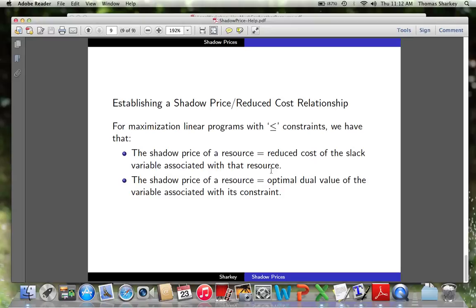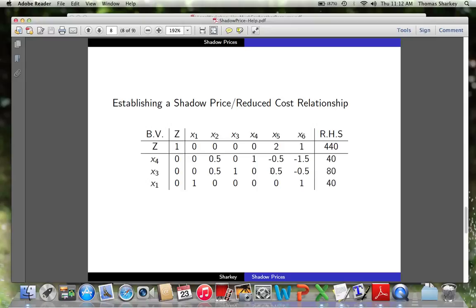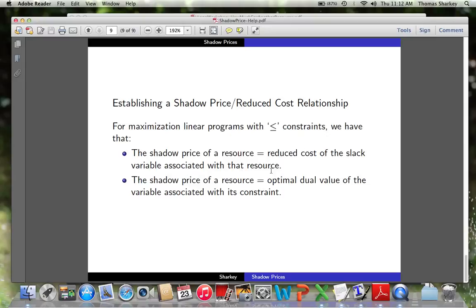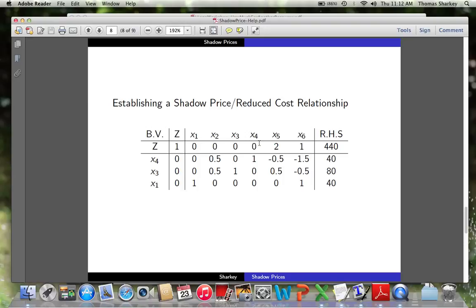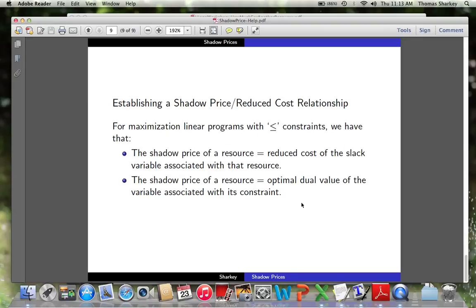And it actually also turns out, if you've watched the duality video associated with the bigger Lego workshop example, that the optimal dual variables for the 3 constraints are y1 equal to 0, y2 equal to 2, y3 equal to 1, which is exactly the reduced costs of the slack variables associated with each of those constraints. So the shadow price of a resource is also equal to the optimal dual value of the variable associated with its constraint.